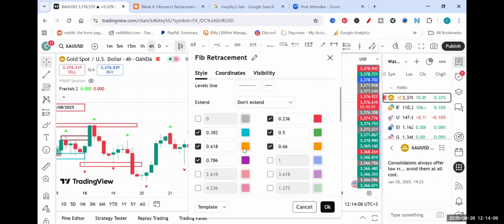For me, I like to use mustard for the golden pocket, the golden zone 0.618 to 0.66. I need to say that this 0.66 pocket was added by my mentor, Daniel, from Church Champions. I just go by what he added, and I like it because instead of giving me just one level, he added it to be a zone.